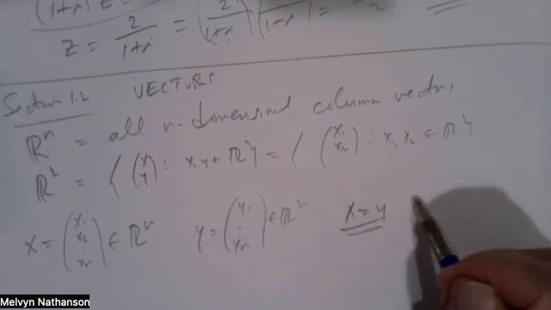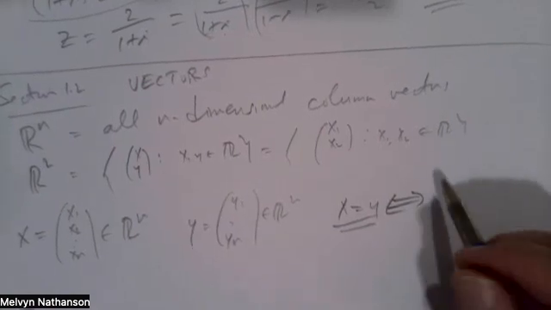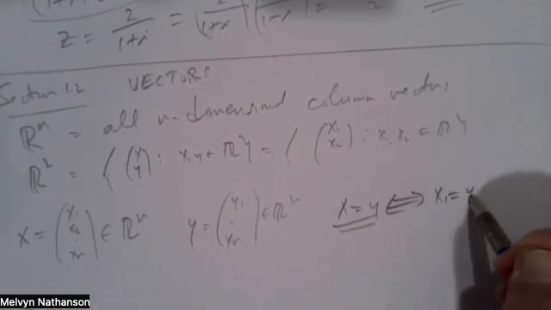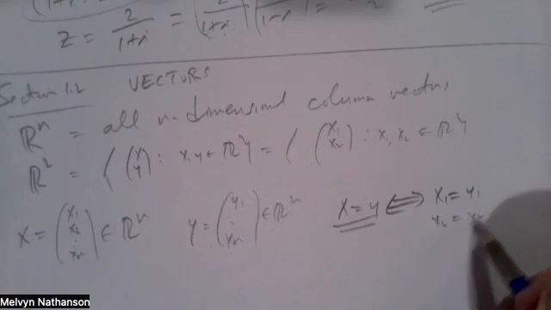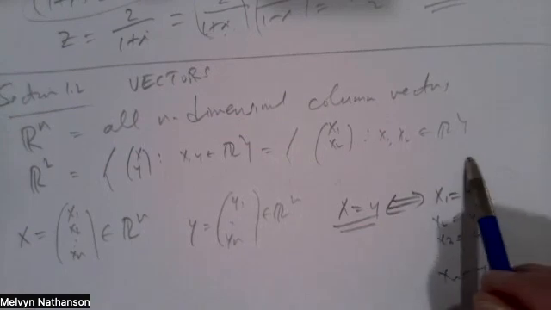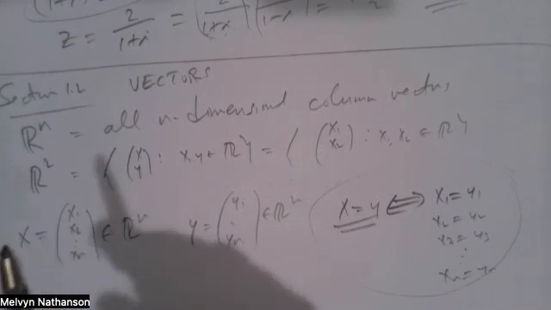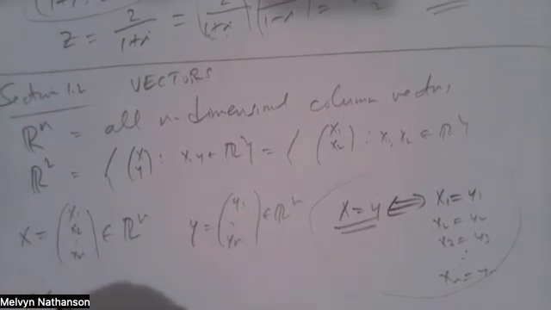These two vectors are equal if and only if they are equal coordinate-wise: x1 equals y1, x2 equals y2, x3 equals y3, all the way down to xn equals yn. Right, so two vectors are equal only when each of their coordinates is the same as the corresponding coordinate in the other vector.